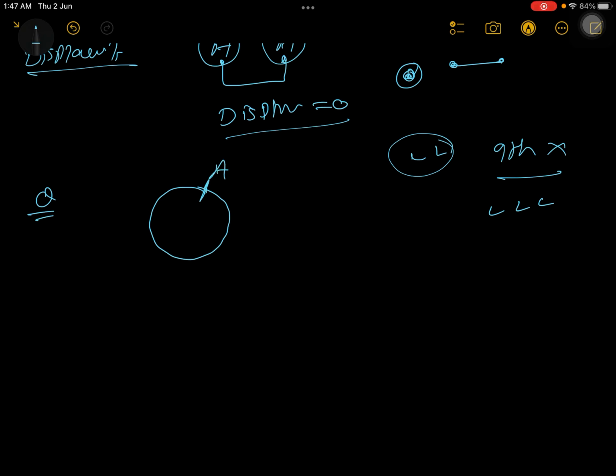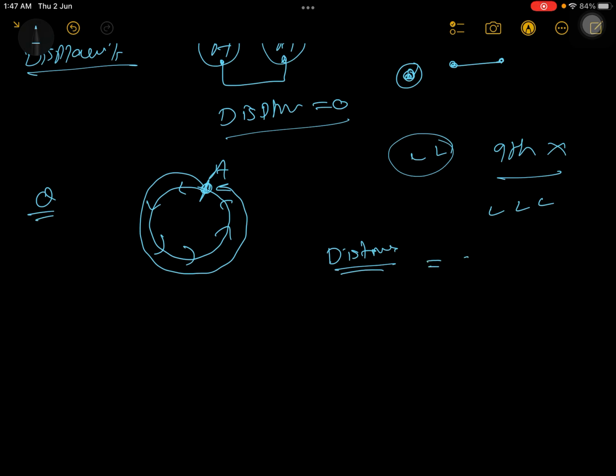Now you go for one more type of problem. You started from point A and you traveled a circular path, and you reached the same point A again. In this case, if you want to find distance, distance is nothing but original length, correct? So original length means the perimeter of the circle. Perimeter of the circle is nothing but 2 pi r, that is known as circumference, correct?